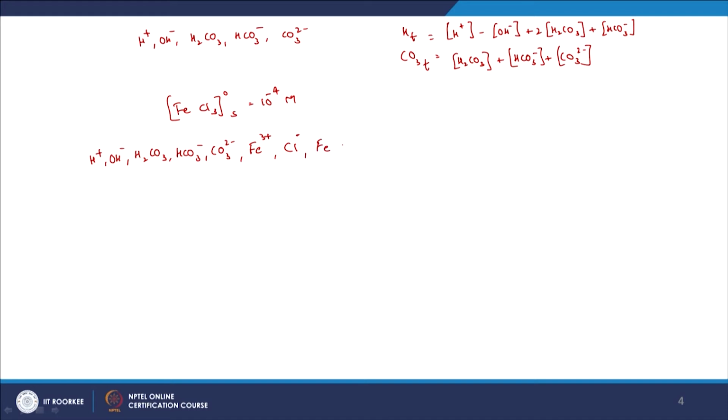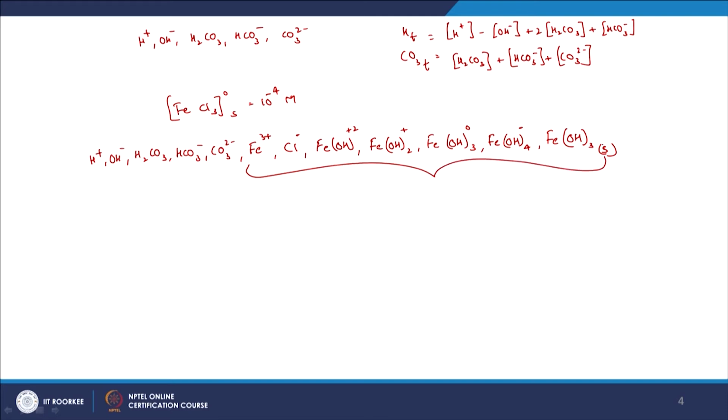All the other complexes: FeOH with 2 plus charge, Fe(OH)2 with 1 plus charge, Fe(OH)3 neutral, Fe(OH)4 with 1 minus charge, and also the solid. These are the additional species that I am going to have in my solution, because I am adding FeCl3 to my solution, which initially had only the carbonate species and H plus and OH minus. So I need to be able to incorporate these aspects into my solution.